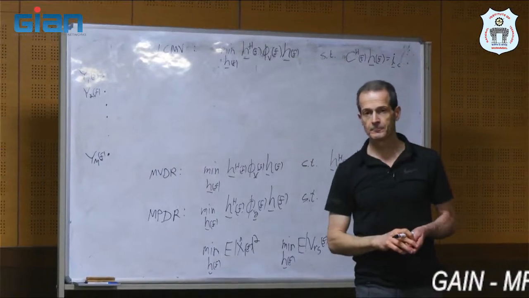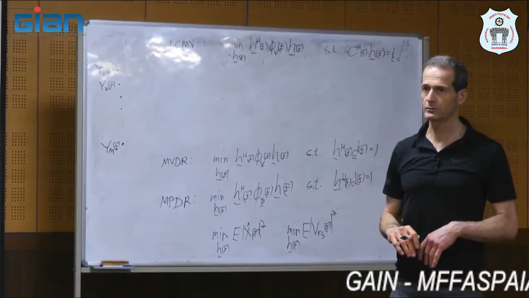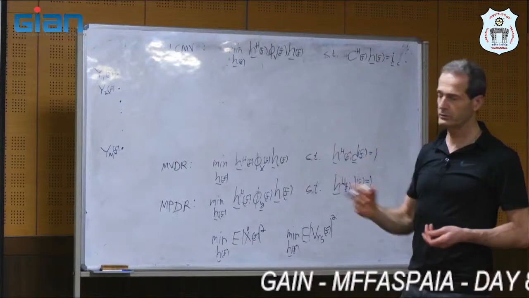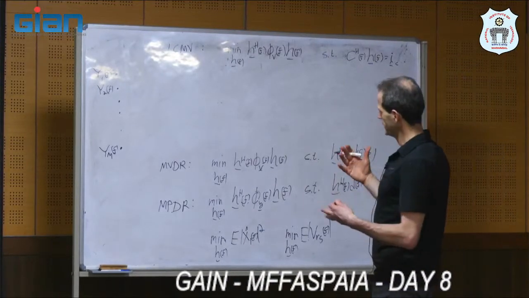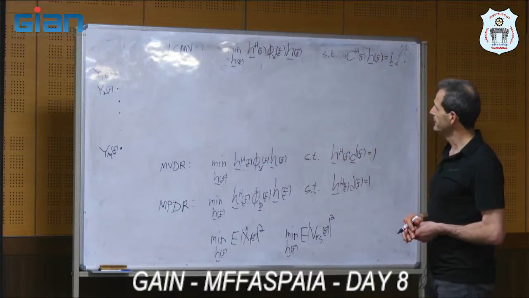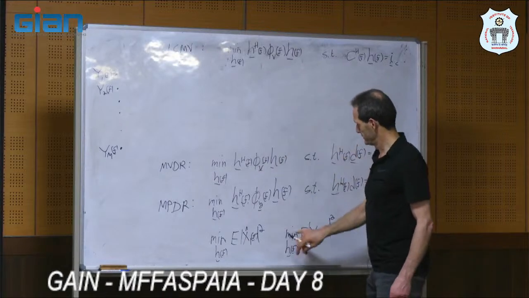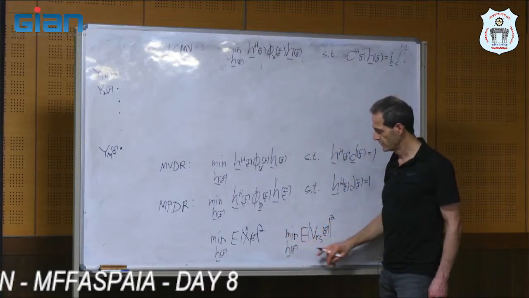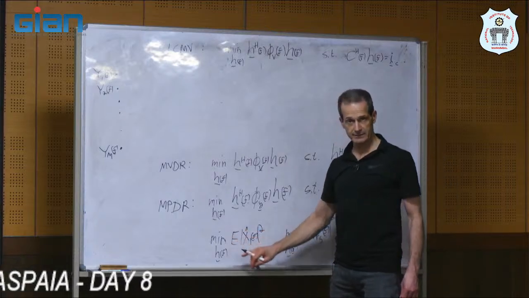Okay? And we found a solution. But I don't want to talk about the solution. It's not difficult to find, and already we showed what the solution is. But I want you to see the equivalence. Now, instead of minimizing the variance of the residual noise, we can minimize the variance of the estimate.